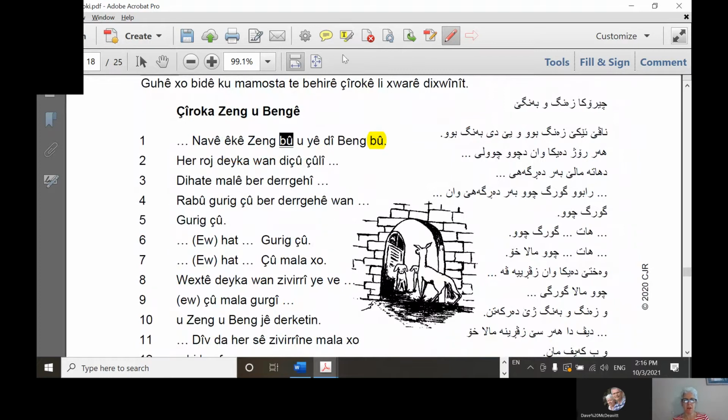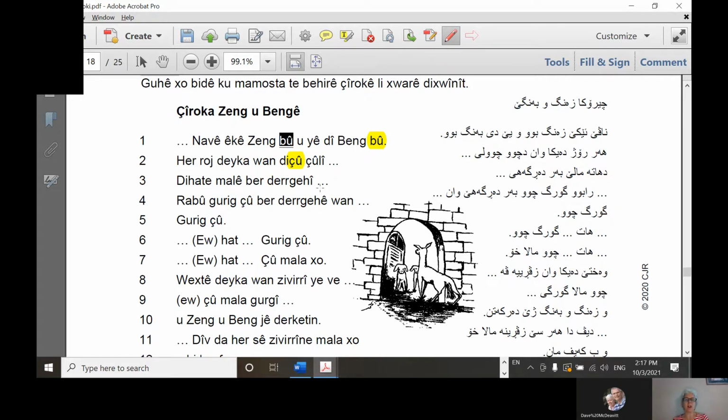All right, the next one is to chew. Now this one has DI at the beginning of it. That's a continuous marker. And in storytelling, they do that a lot. Otherwise, we normally see the continuous marker DI in present tense. This is a continuous marker right there.